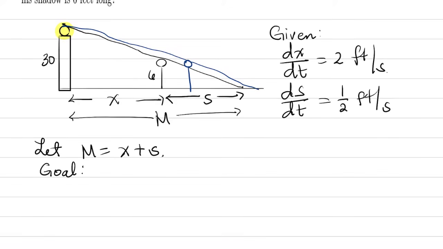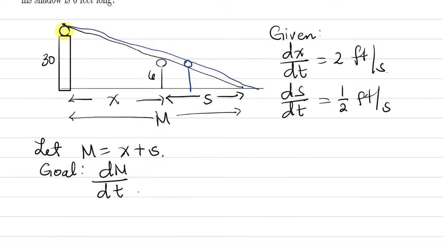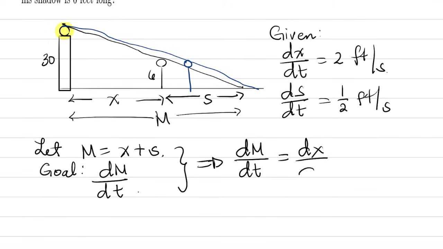Our goal is to find the change of m with respect to time. But it's quite easy. Why? Because we already have this equation. Okay, so from this, that means that dm over dt is equal to dx over dt plus ds over dt.